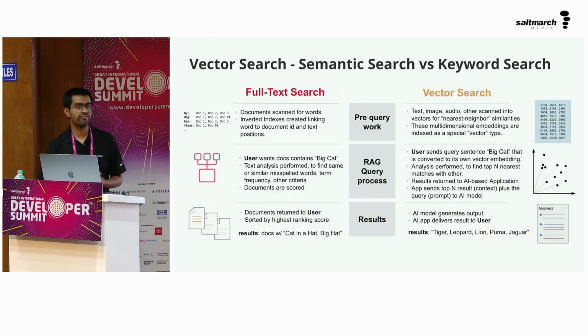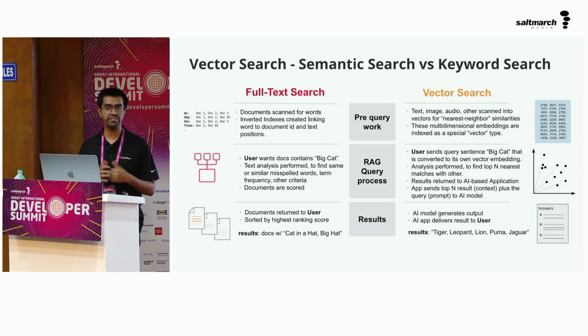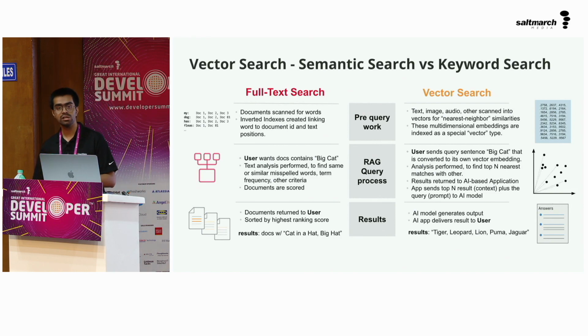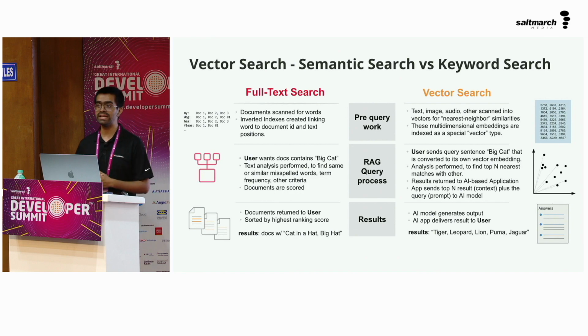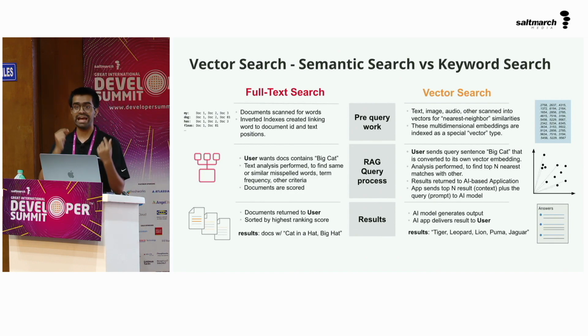And of course, for those folks who come from a traditional search background, what's the difference between a full text search and a vector search? So traditionally, a full text search would mean that if, for example, I'm searching for Nike t-shirt on Amazon, it will specifically search for those particular documents that have the Nike t-shirt, right?